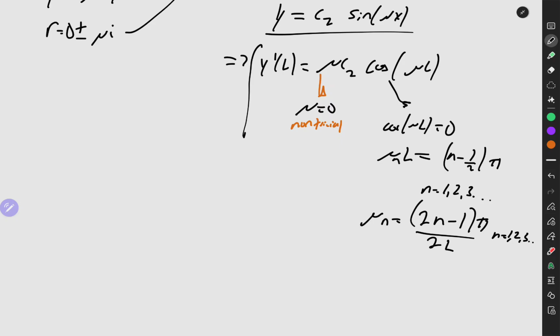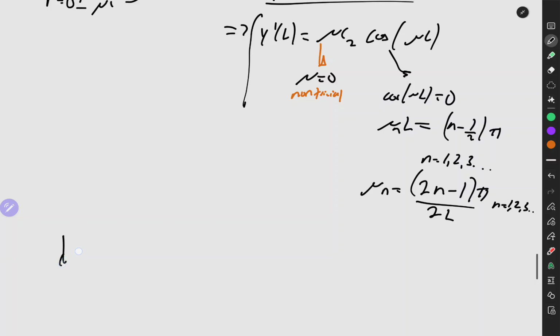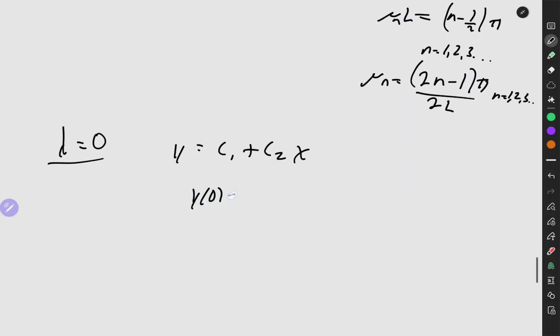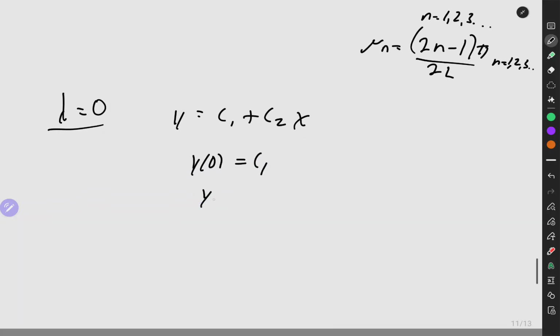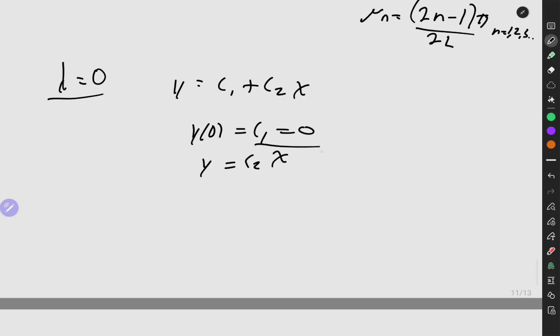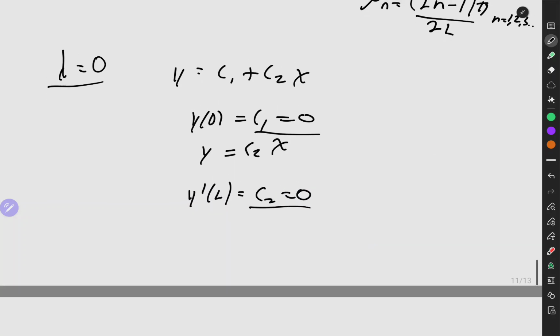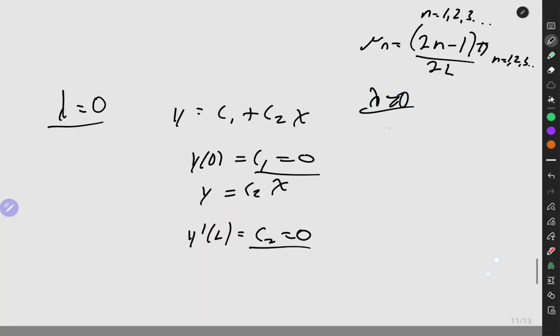Because for this problem, when this is equal to 0, once again, this doesn't change because of the negative. This is still the same. We're going to end up with this moves to this, and then you can see that's only trivial. And for this one over here, this is the other case where it's like this.